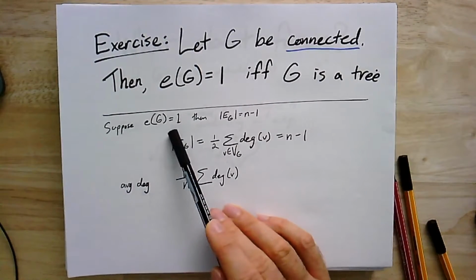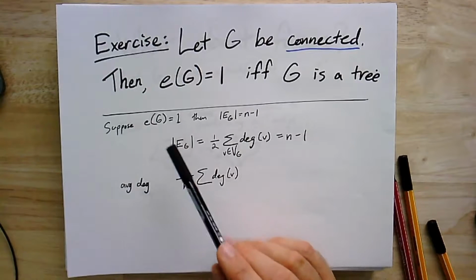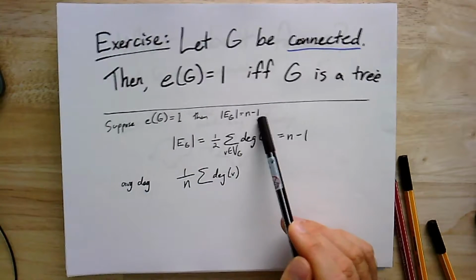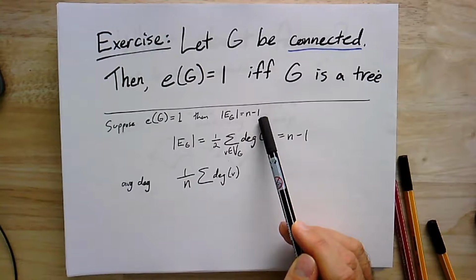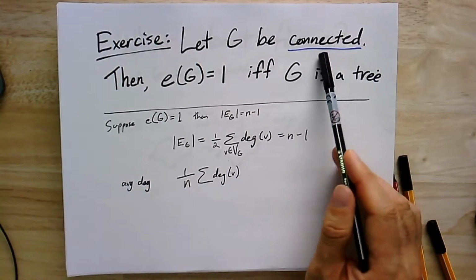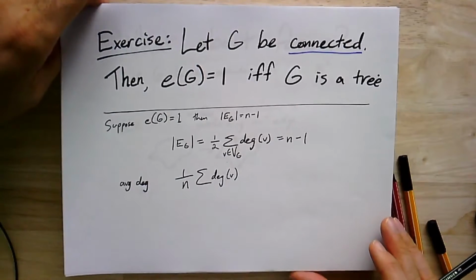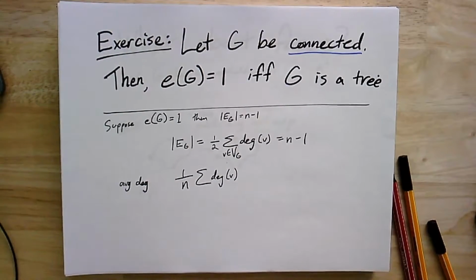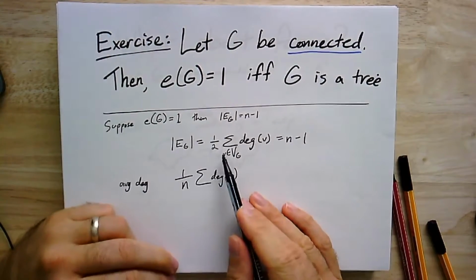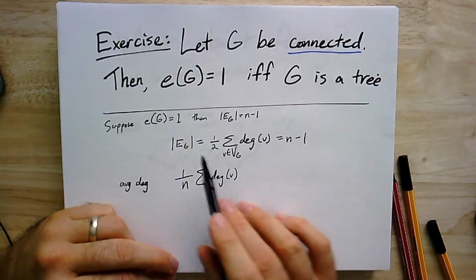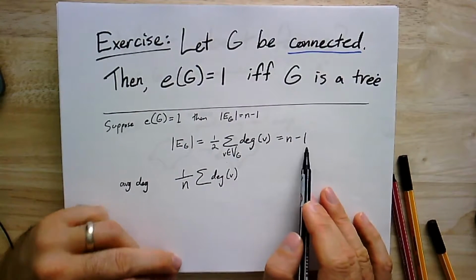So if we have E of G equal to 1, then we know it has exactly n minus 1 edges. And we're going to show that a connected graph with n minus 1 edges is a tree. And one way to work that out is to just remember this fact about the number of edges being half the sum of the degrees. Well, half the sum of the degrees is n minus 1.